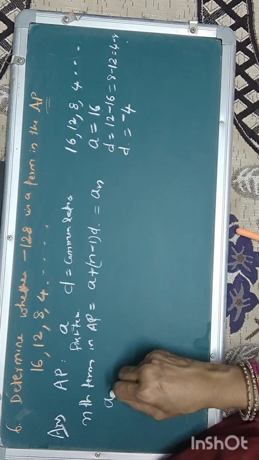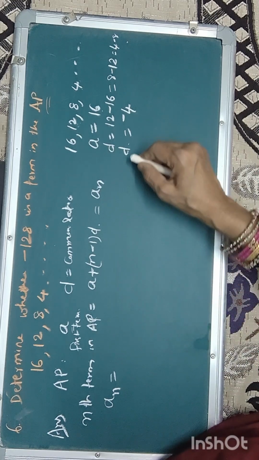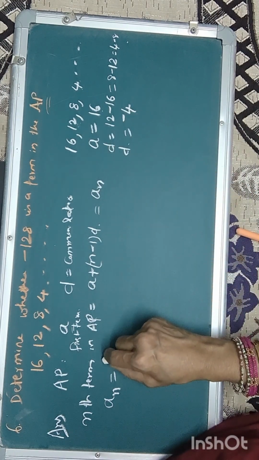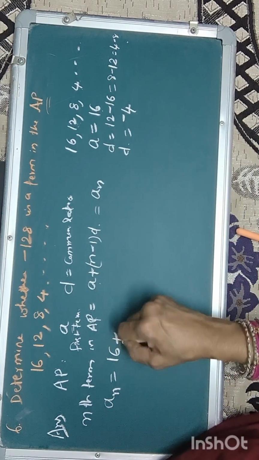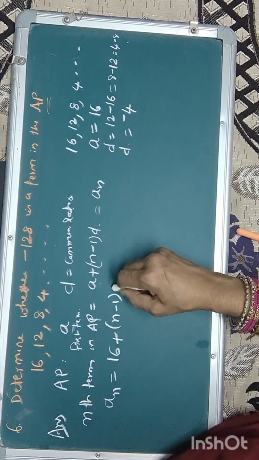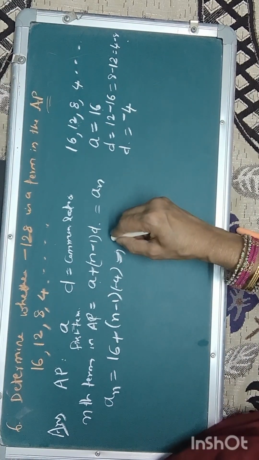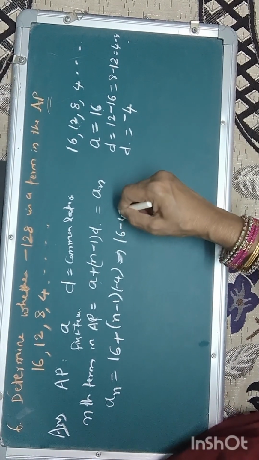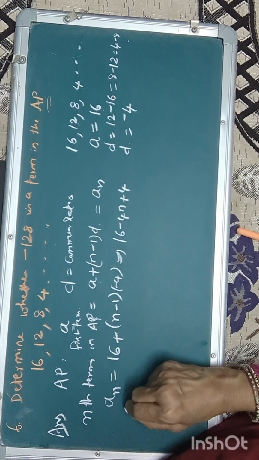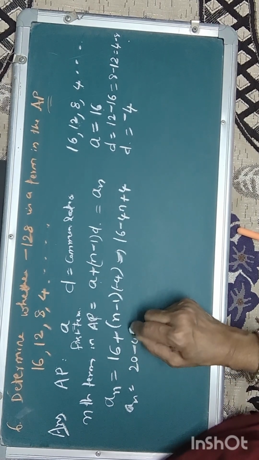So an is equal to a plus (n minus 1) into d. So a is equal to 16 plus (n minus 1) into d, which is minus 4. Simplifying we get 16 minus 4n plus 4. That is, an is equal to 20 minus 4n.